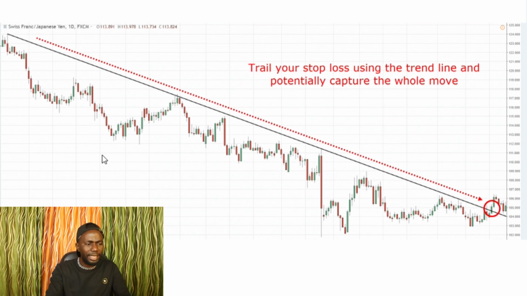So once the price makes a pullback to the trend line, you simply go to a lower time frame, like the 15-minute time frame, and wait for several rejections, or you can wait for a moving average crossover at the 15-minute time frame. So once you see a rejection of the upper move at the lower time frame, you can now place a sell trade at the lower time frame.